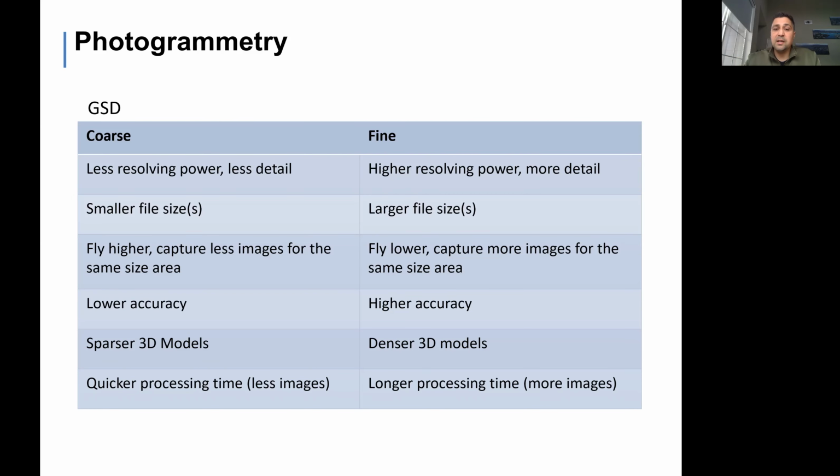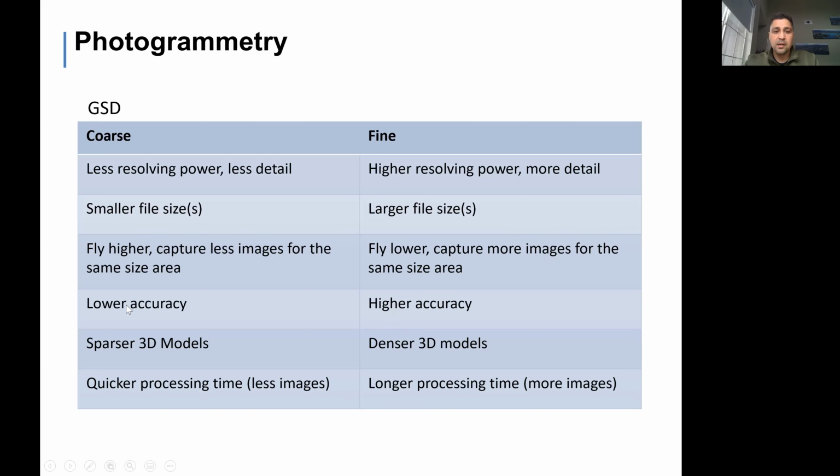You're also going to be flying lower. You have to fly lower. So a lower altitude means finer GSD, plain and simple, okay? But when you fly lower, that also means you have to capture more images for the same area size, okay? So that's more time.